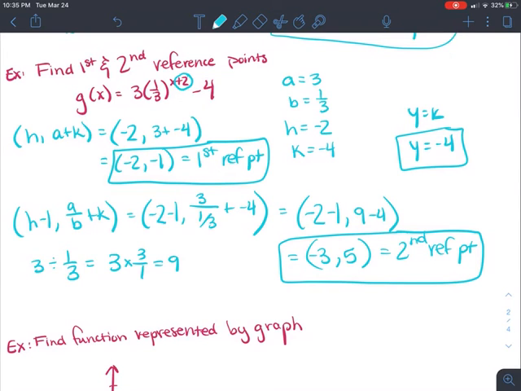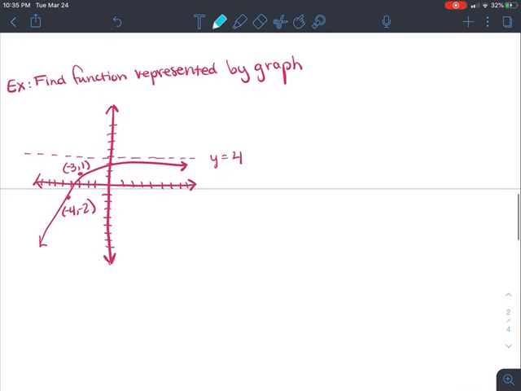So I have one more example, and this says, find the function represented by the graph. I have my first reference point right here, which is (negative 3, 1), and my second reference point, which is (negative 4, negative 2).